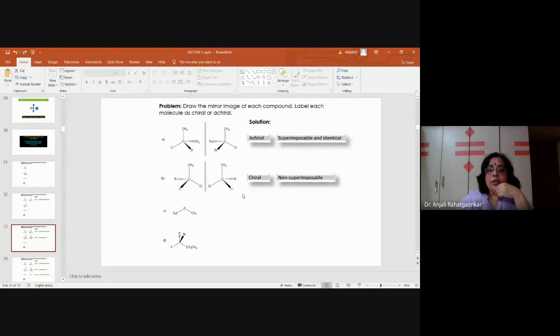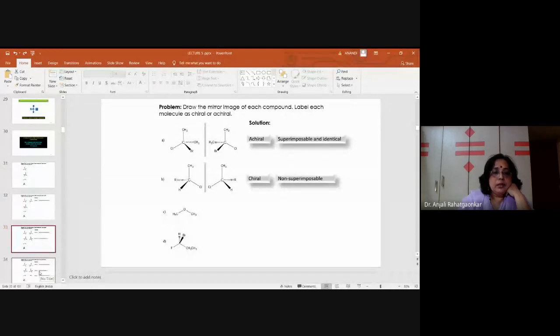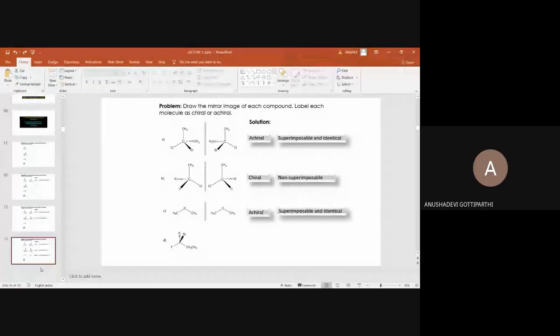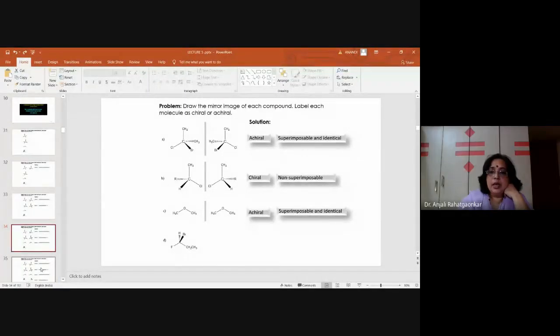All are four different substituents. So this is a chiral center because the mirror images are non-superimposable. So they are enantiomers. All right. What is the third? Achiral, because they are superimposable and identical. And the fourth one is chiral, non-superimposable.